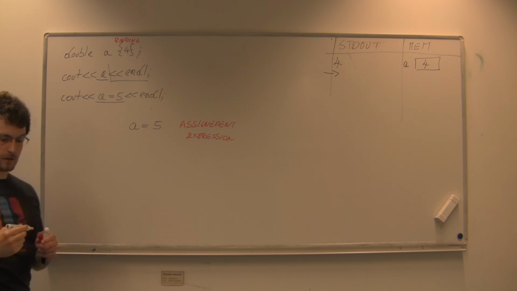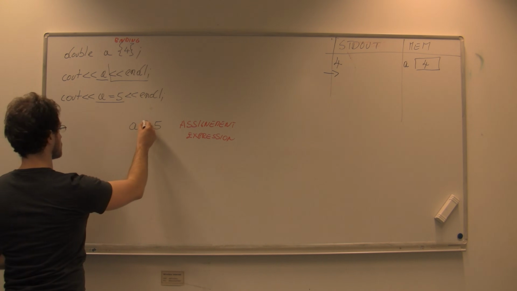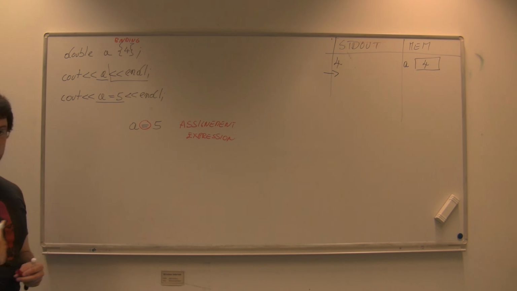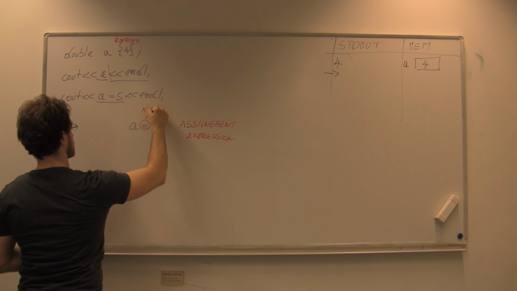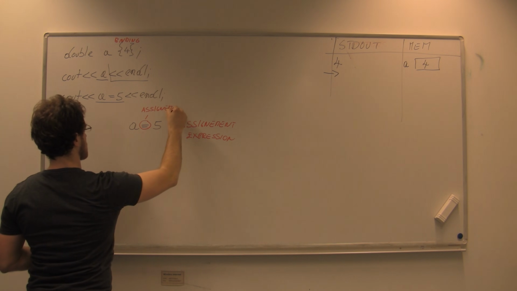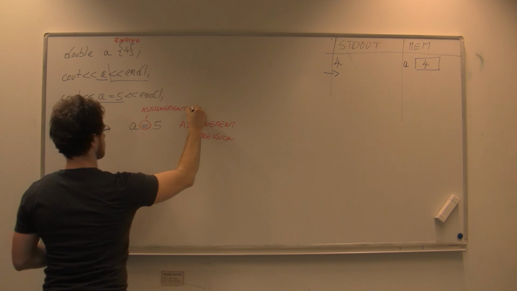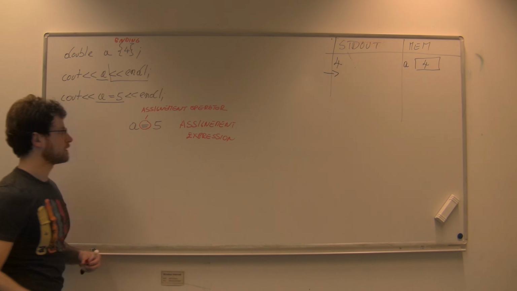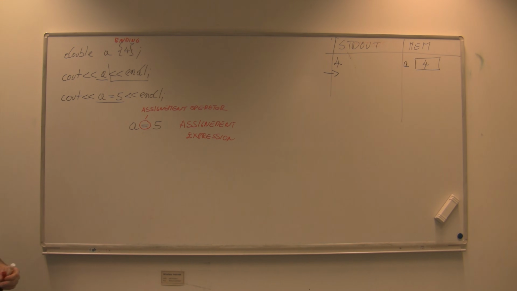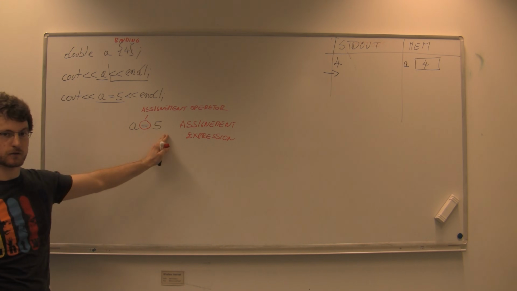It has three distinguished parts. The equality symbol, which is the assignment operator. And this assignment operator has things on its left and right side.